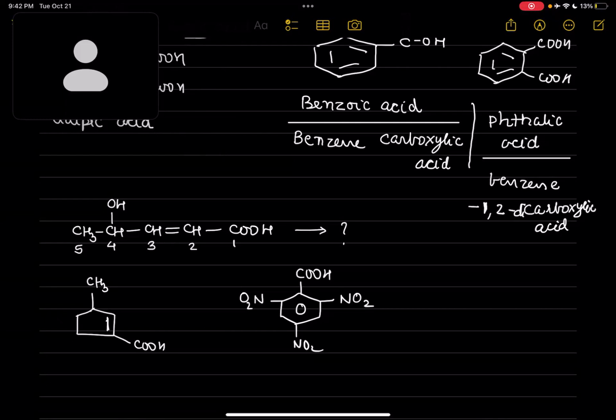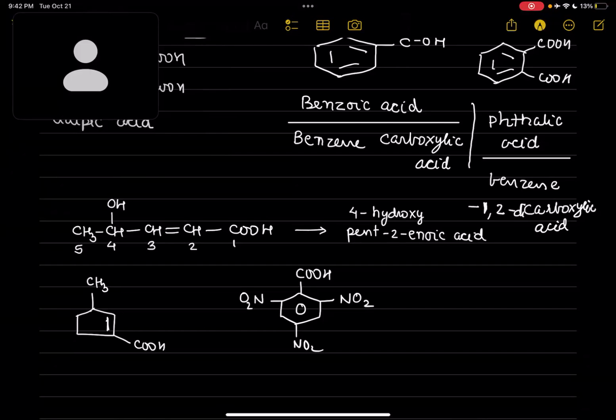First one spans 5 carbon atoms, and it is 2-en-1-oic acid. At the fourth carbon you have OH, but that is the junior functional group. It is called hydroxy.